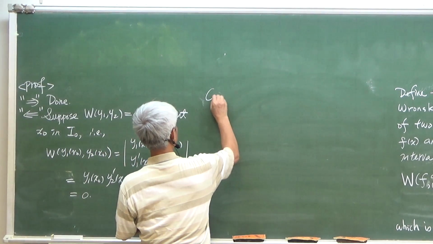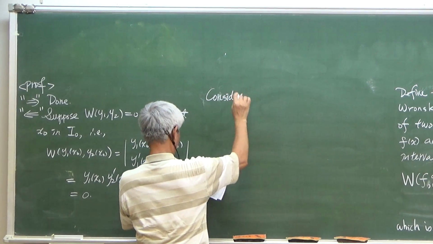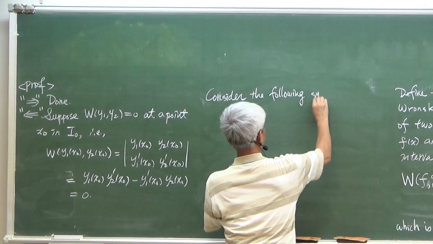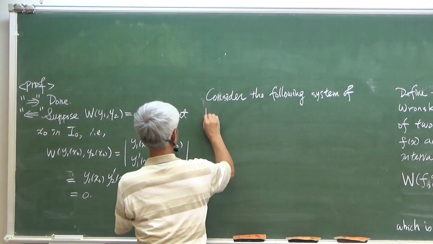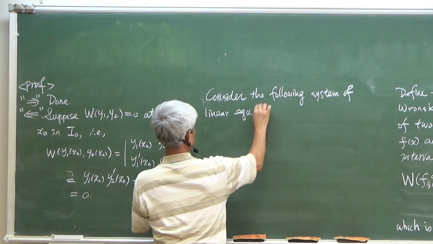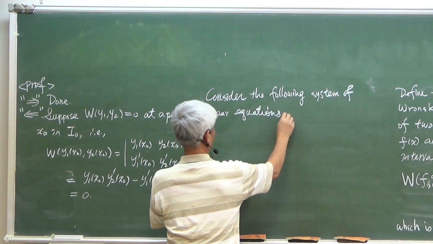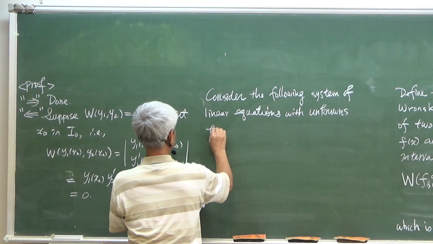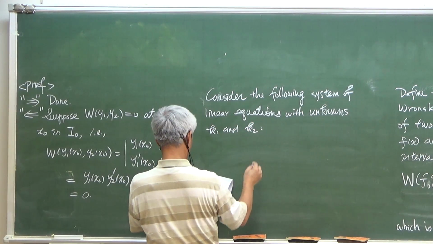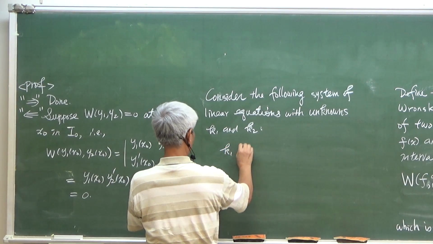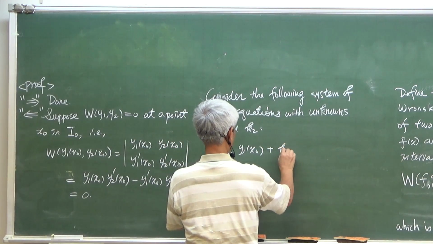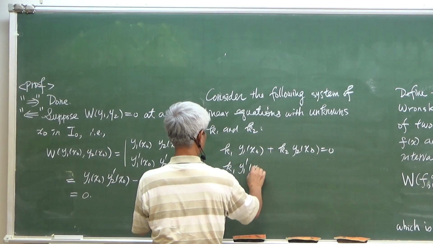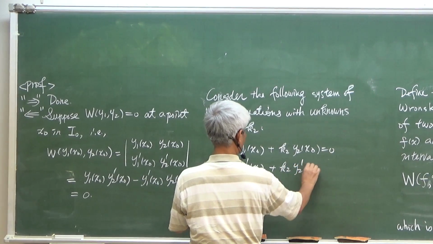Well, we consider the following system of linear equations with unknowns k1 and k2: k1 y1(x0) plus k2 y2(x0), and k1 y1 prime(x0) plus k2 y2 prime(x0).